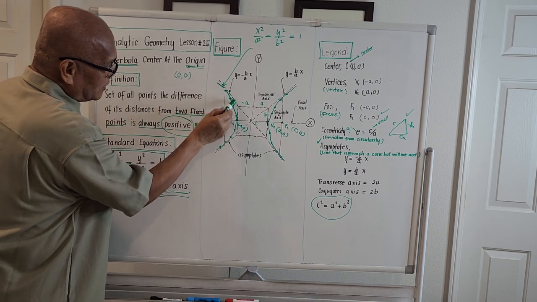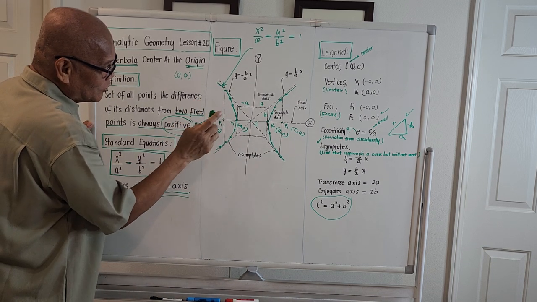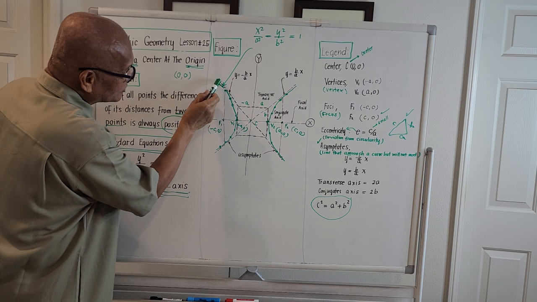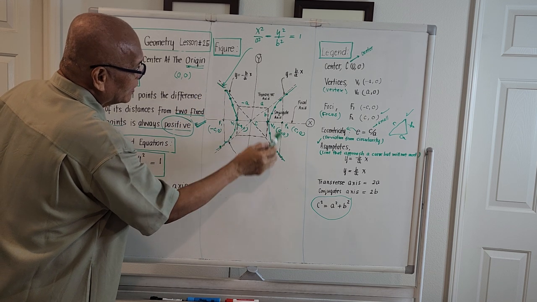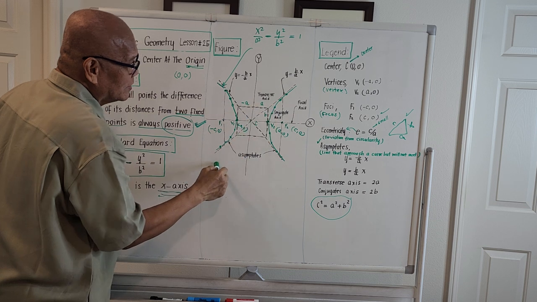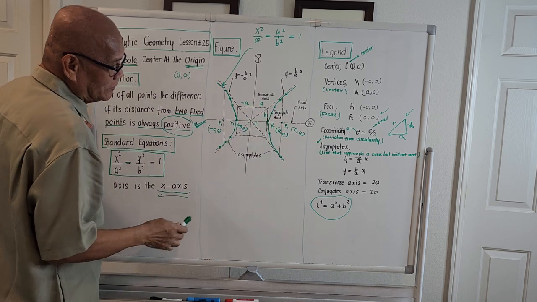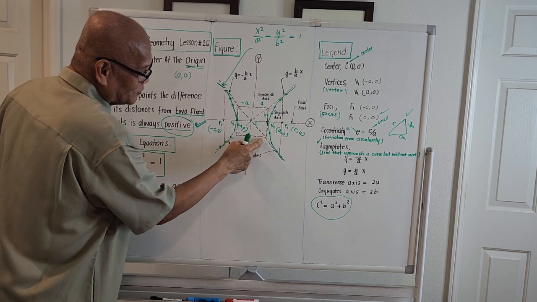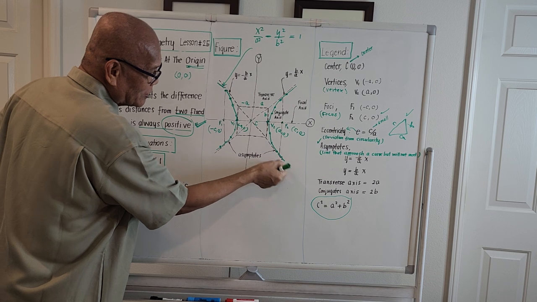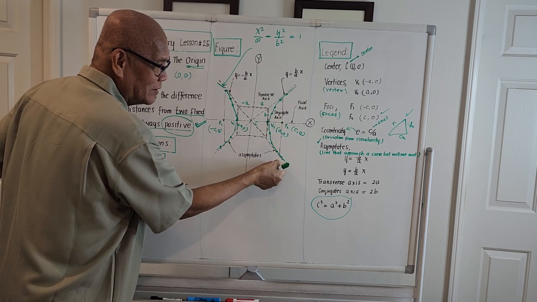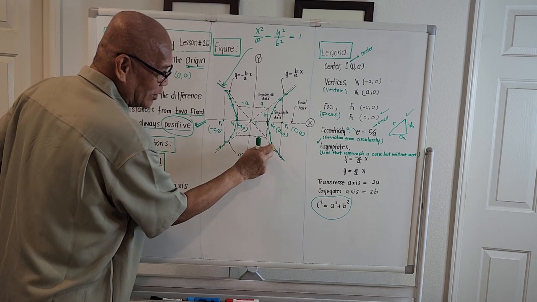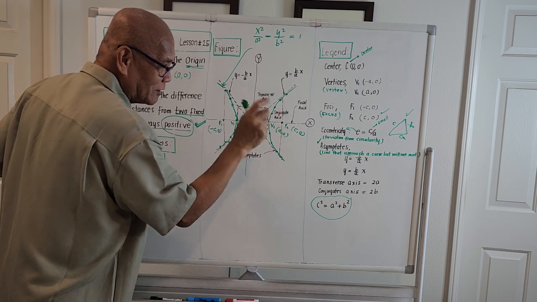This is the hyperbola. The asymptotes of the hyperbola are these dotted lines here. According to the definition, the asymptote will approach the curve but will not intersect the curve.